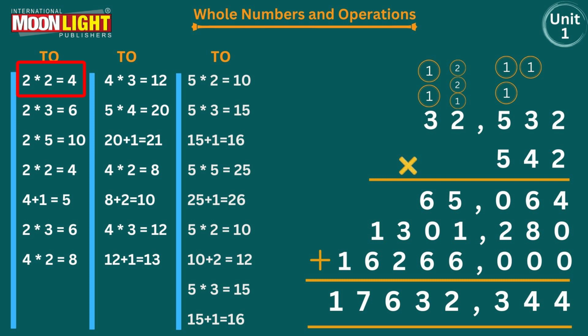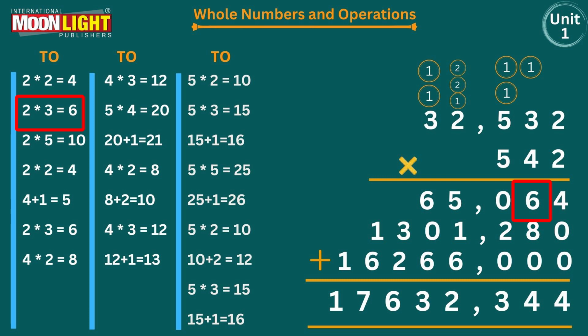So I will write down 4 right over here below the line which you have drawn with multiplication sign. Okay, so right now you are going to write 4 here, and then you are going to multiply the number 2 with the digit which is at tens position. 2 multiplied by 3 is 2 3s are, yes, 6.